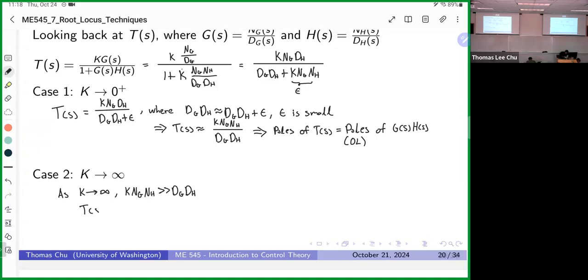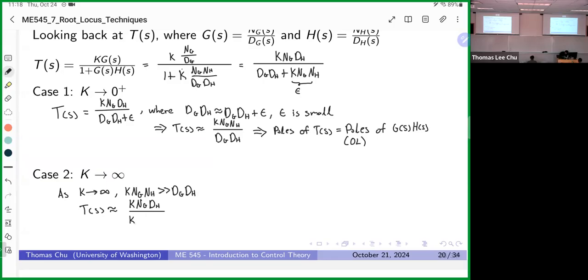Therefore, T of S is roughly equal to K NG DH divided by K NG NH, since K NG NH overwhelms DG DH.